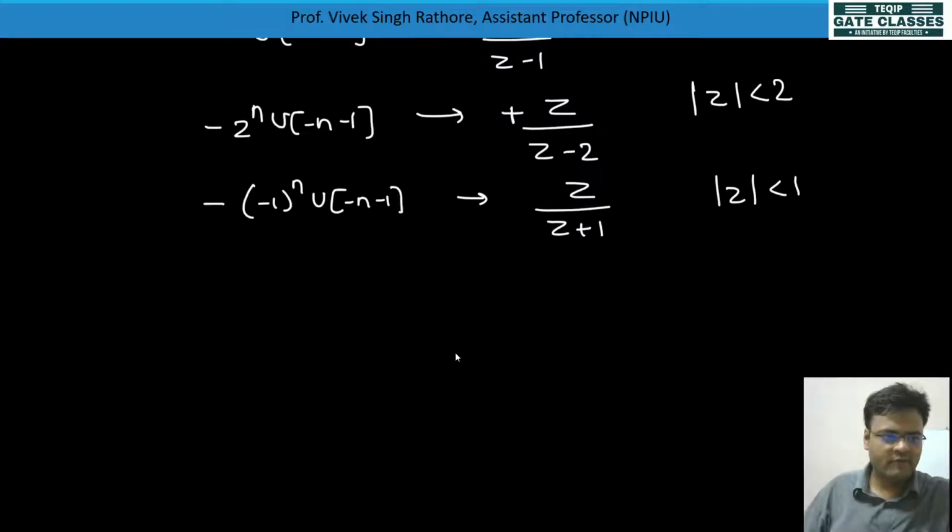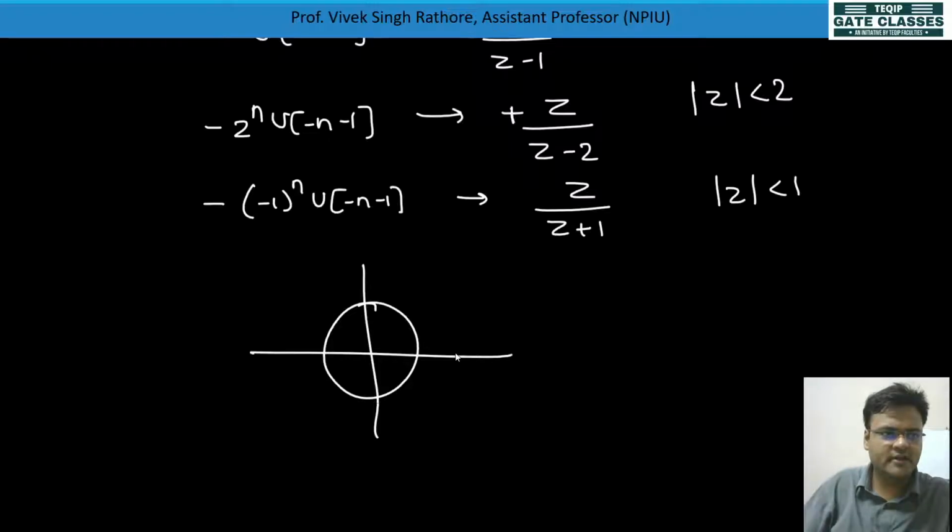So we'll plot the final ROC. The |z| = 1 circle is there. Now for the other one, |z| is less than 2, so it should be inward, and this one says |z| is less than 1, so it is more inward.